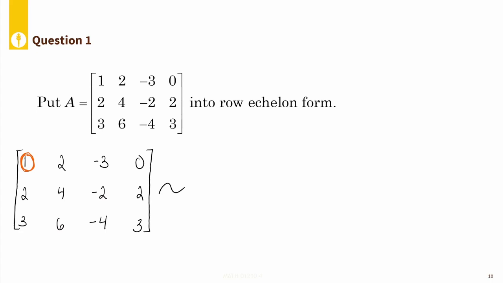Remember, type 3, you replace a row with the sum of that row and a multiple of another row. So look at the 2. How would you make that 0? -2. Multiply row 1 by -2, add it to row 2, and replace row 2.